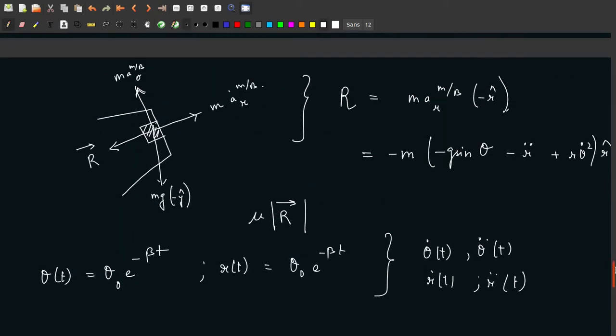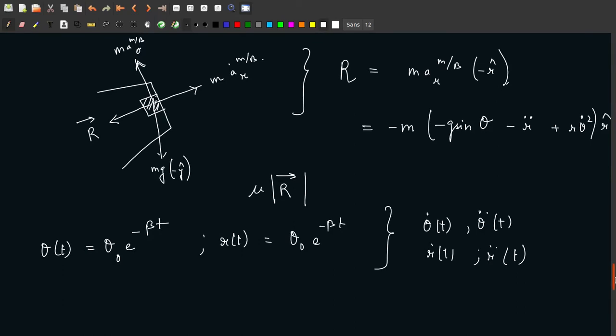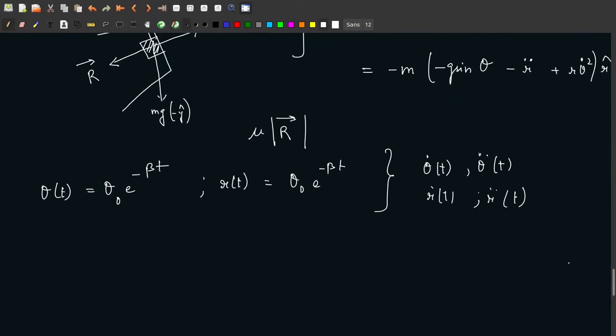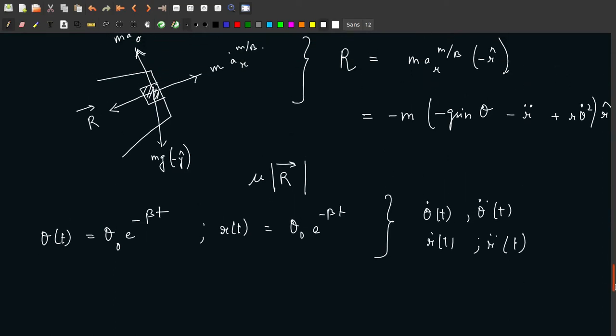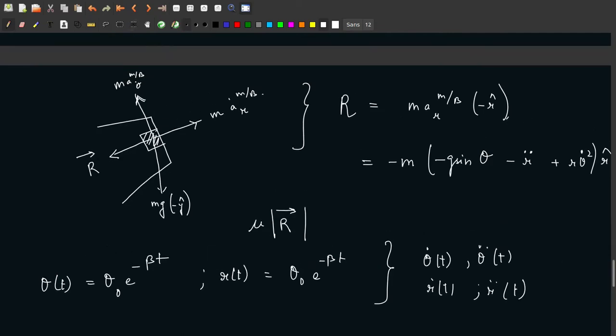So you can impose these values into the normal reaction, and you can find out that the condition of just sliding is that this m a theta points in this particular direction, right? So the friction should point in this direction just to oppose any kind of relative motion. So this is your friction.